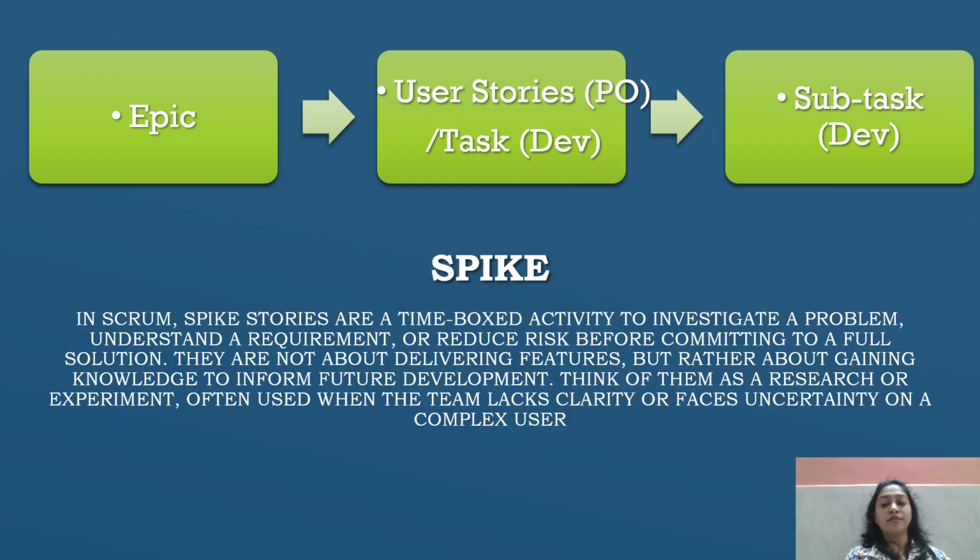Think of them as research or experiments, POC kind of work, as we call it in this Scrum meaning. They are often used when the team lacks clarity or faces some uncertainty on a complex user story. Then we move those user stories as a spike.